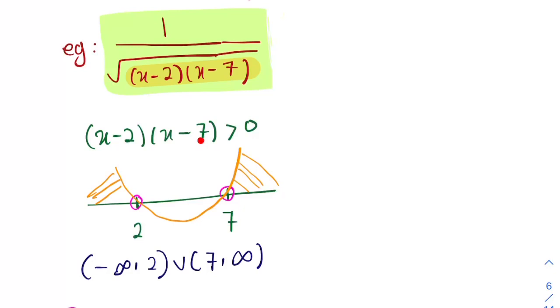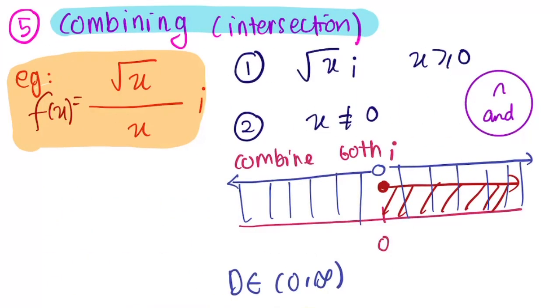The easiest way to solve it is to draw a smiley graph. Let's put the root 2 and another root is 7. Then let's take the positive parts, and you must make sure that this is not included. Let's conclude our answer. This is from minus infinity until 2, union 7 until infinity.